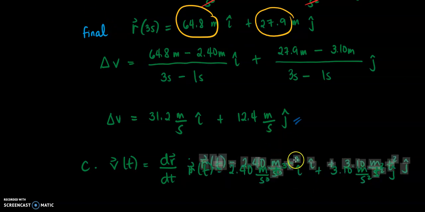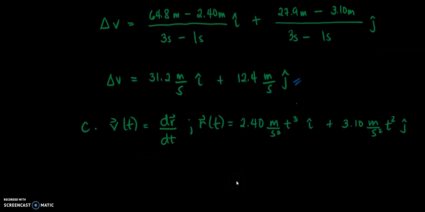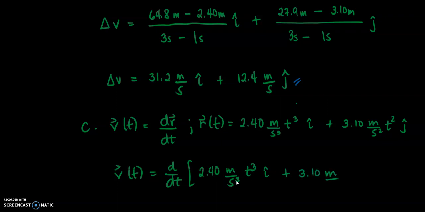Okay, so the derivative of that is v of t equals d over dt of 2.40 meters per second cubed t cubed i hat plus 3.10 meters per second squared t squared j hat.